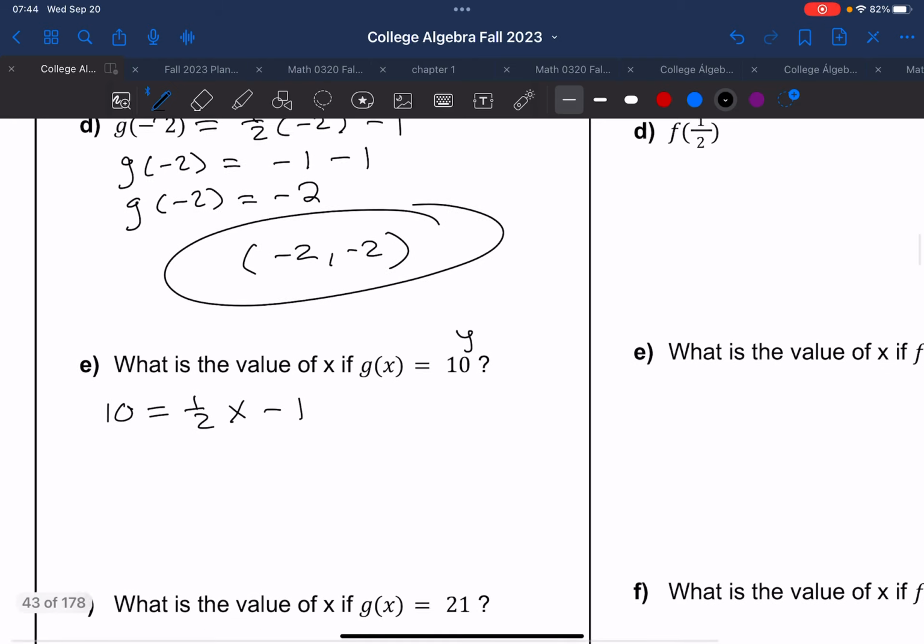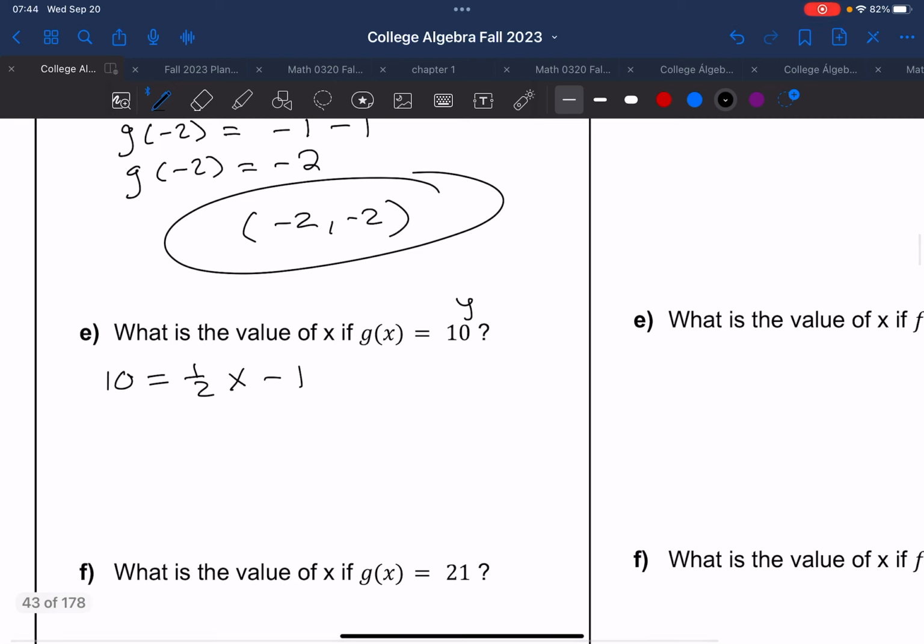So we need to solve for x. What do we do first? Not subtract 1. In order to get x by itself, I do need to move that 1 over, but it's already minus. So I'm going to add 1. So I get 11 is equal to 1/2 x.